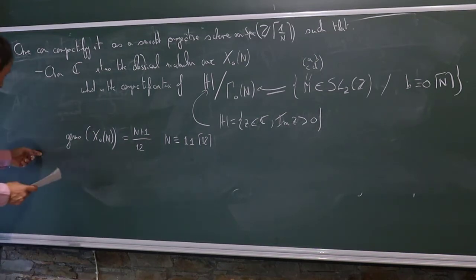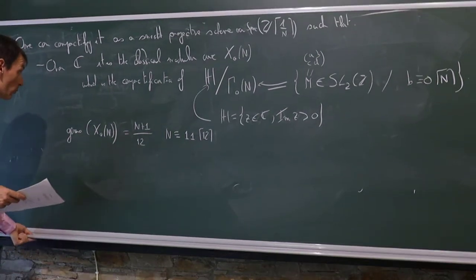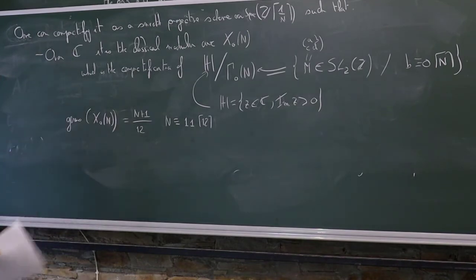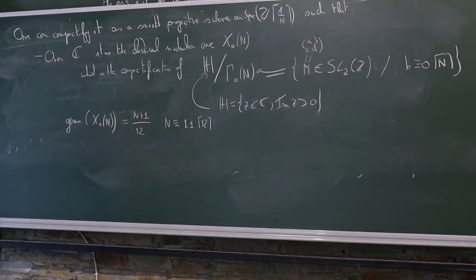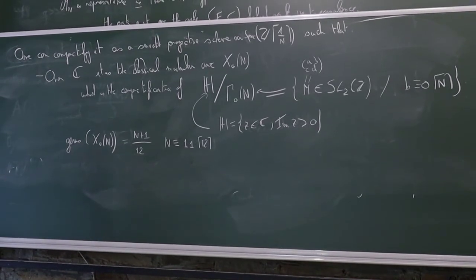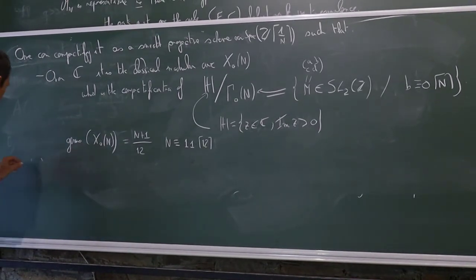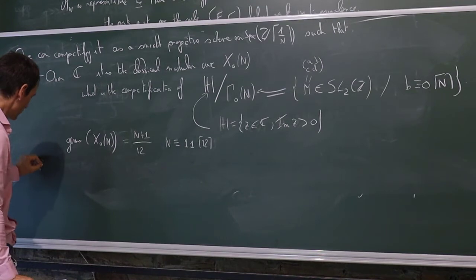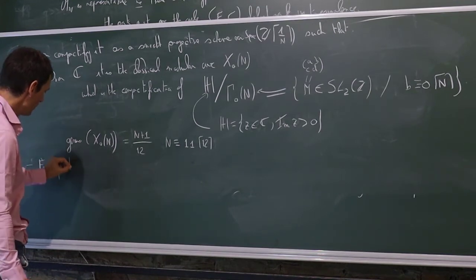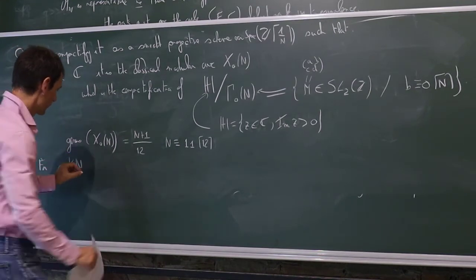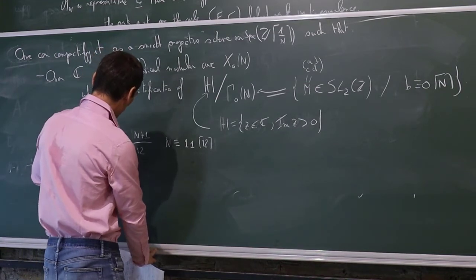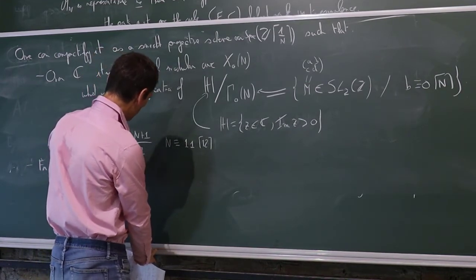Cool. But here it's a curve over C. But the good thing is that, as we said, the moduli problem has a universal solution over Spec Z[1/n]. So it means that for any prime p not dividing n, X0(n) has good reduction.